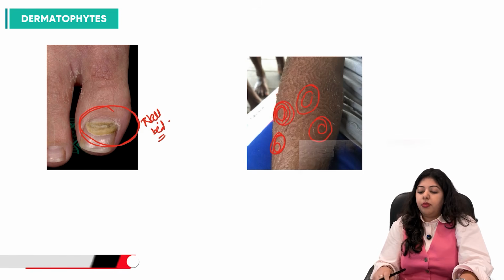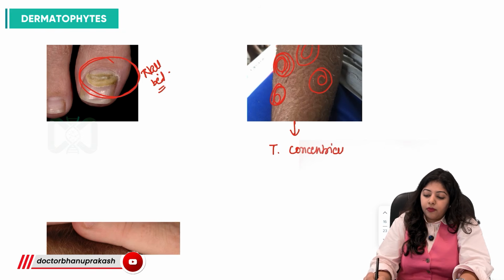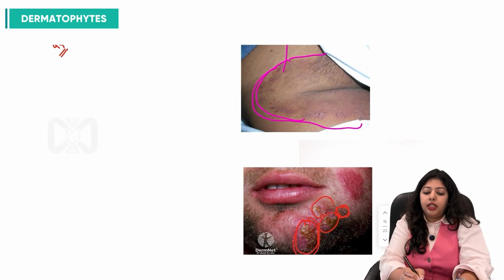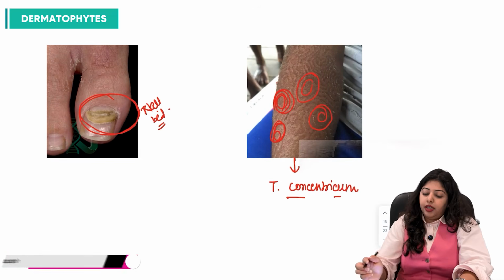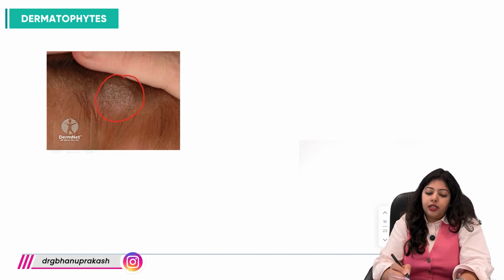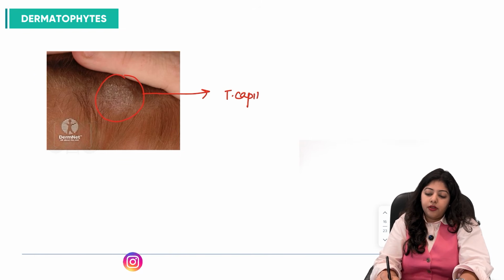Multiple concentric lesions are present, caused by Trichophyton concentricum. And this type of infection is nothing but Tinea imbricata.